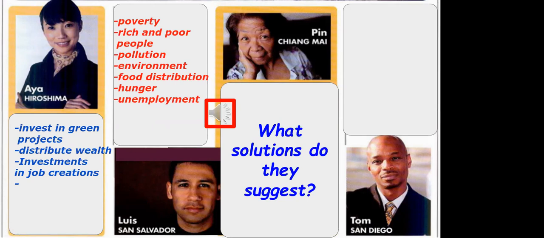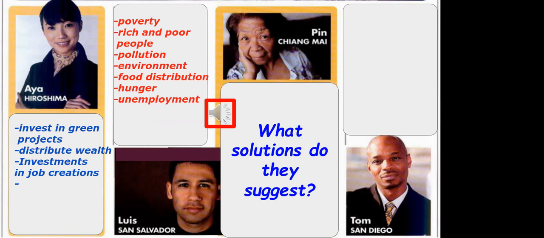We asked people, what's the biggest challenge facing the world today? Here are some of their views and hopes for the future. Aya from Hiroshima. Well, I wish we could eradicate poverty. The gap between the rich and the poor keeps getting bigger. There's something like 2 billion people who live below the poverty line. I just wish we distributed wealth more fairly.